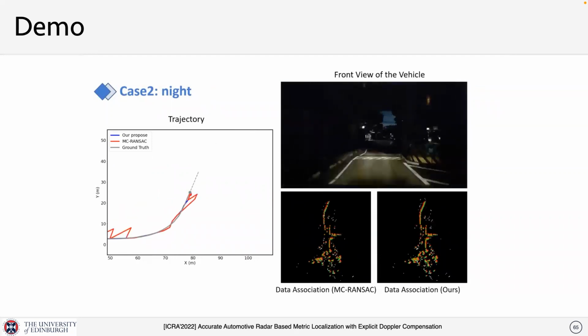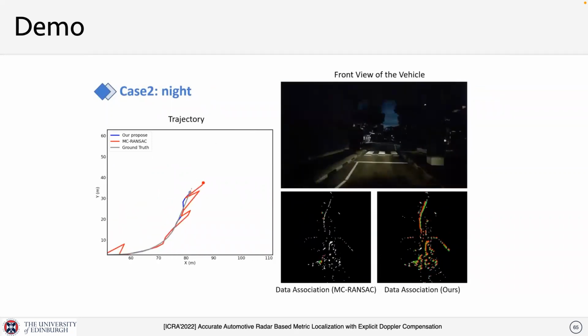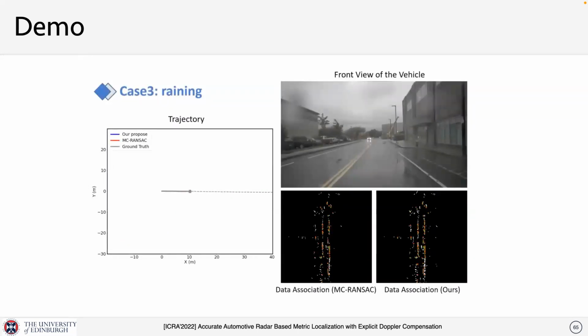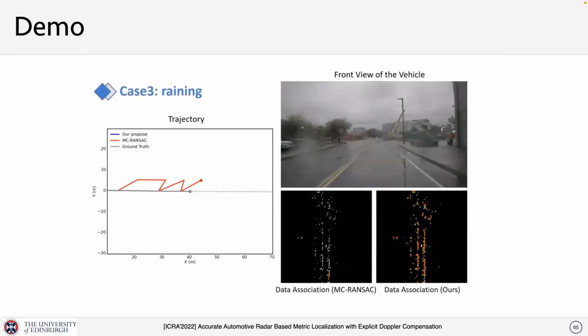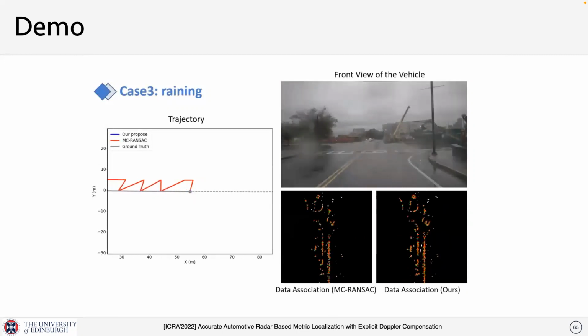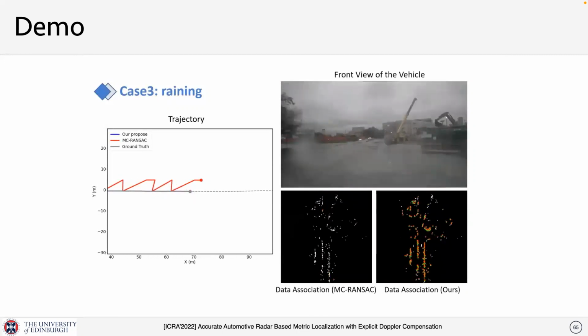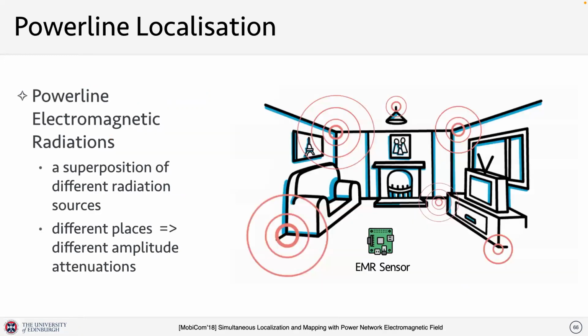This is a really nice property we want to achieve in future degraded environments. This one is on a rainy day. Okay, I guess that's pretty much of the demos I want to show here.